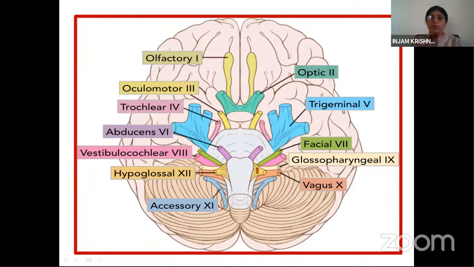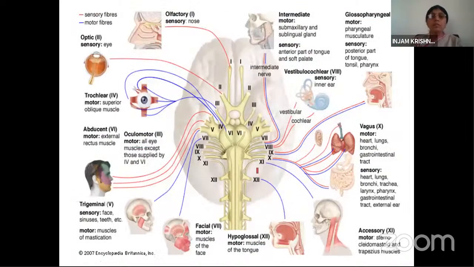We will read about them in a little more detail. First one, olfactory. The name itself indicates that olfactory is connected with smell. Olfactory is sensory. The red color indicates the sensory fibers and the blue color indicates the motor fibers.